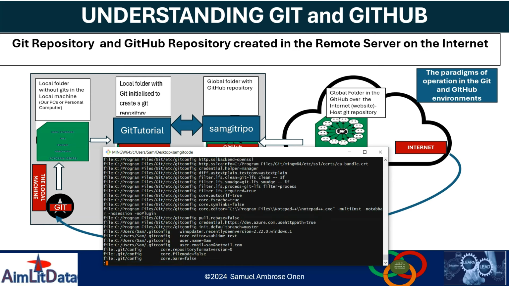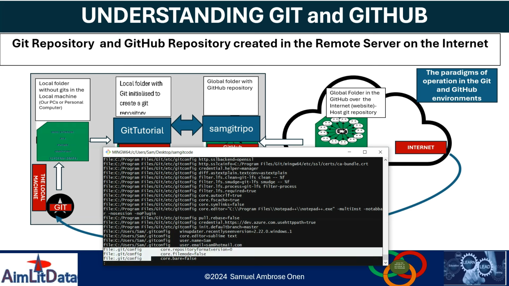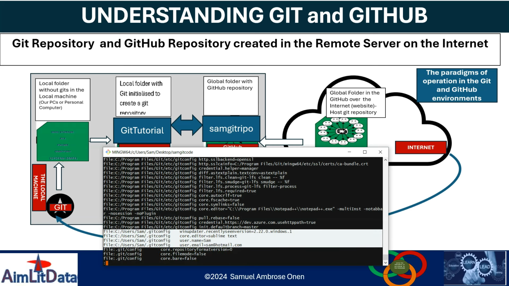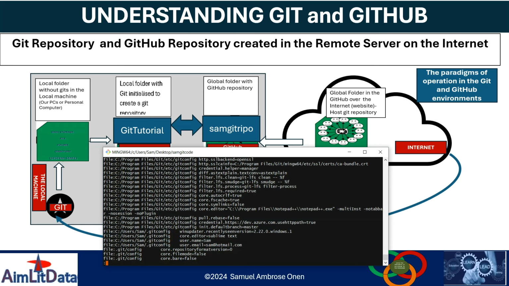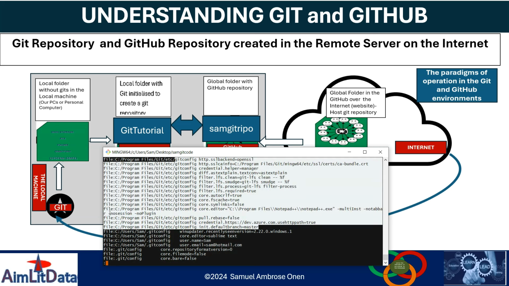My friend, this also gives us the same information. You can see the configuration there. The user is Sam, and the email is there, and you can see the local scope, the global scope, and then the system scope. Yeah, we are good to go now.